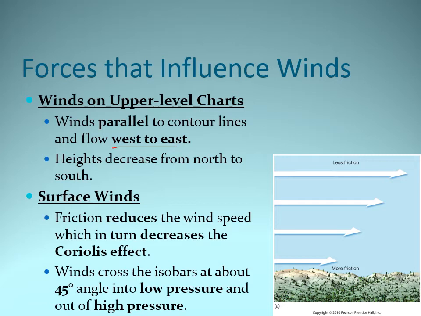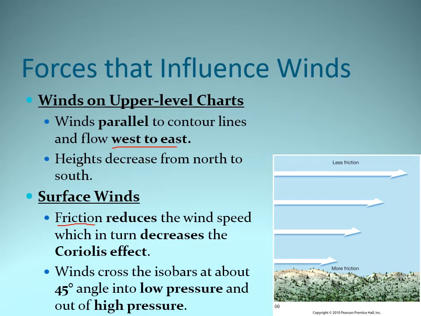However, when we're dealing with surface winds, now we have to deal with the force of friction. Friction slows the wind down. As you can imagine, as wind is trying to flow across the surface, it encounters hills, trees, buildings, cars, and it slows the wind down.